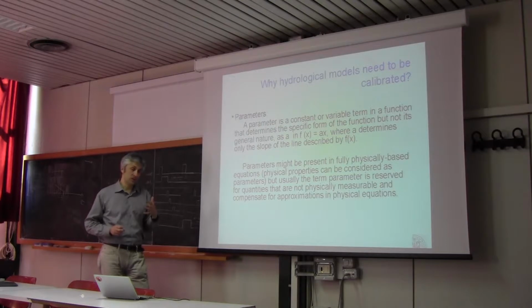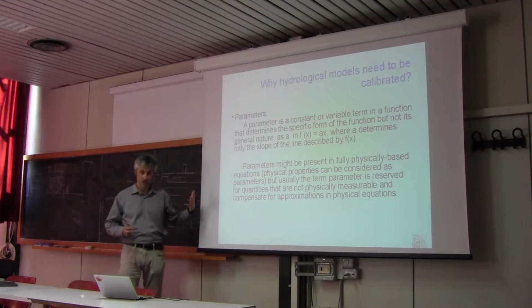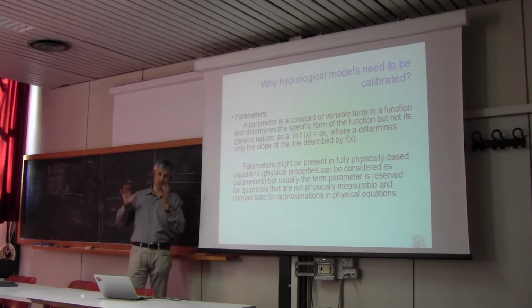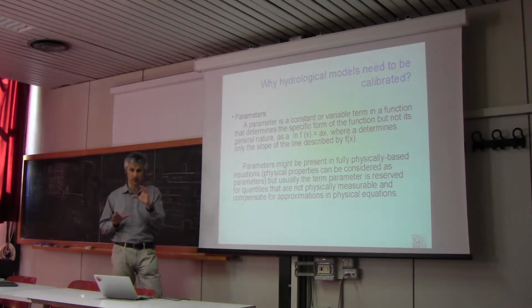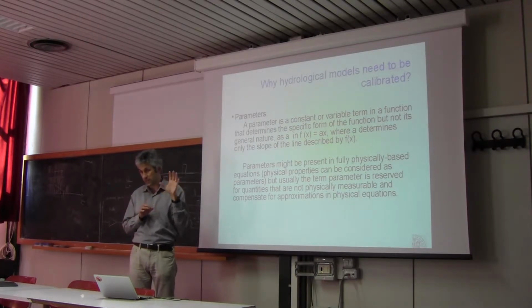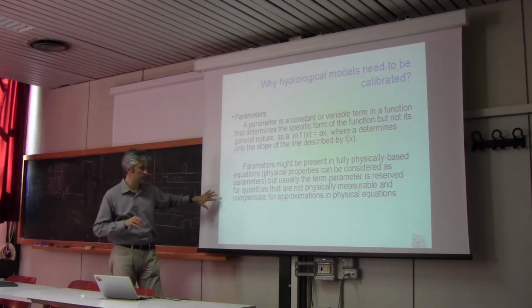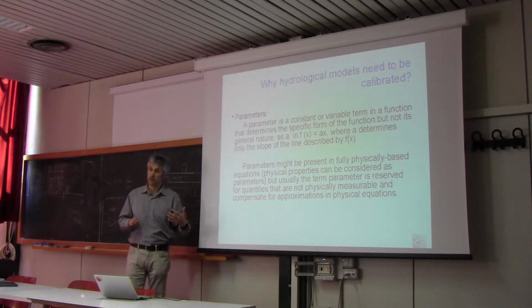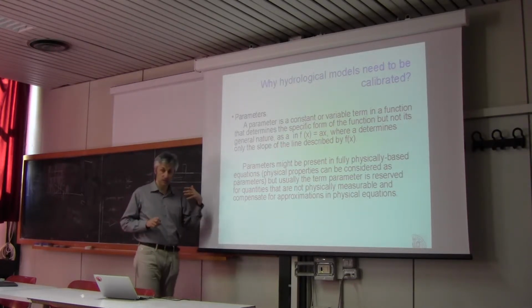But usually the term parameter is reserved for quantities that are not physically measurable. And so let me better explain, because I said that roughness is a parameter, and then I said that roughness has a physical meaning and can be guessed, but then I'm saying that parameters usually are reserved for quantities that cannot be physically measured.